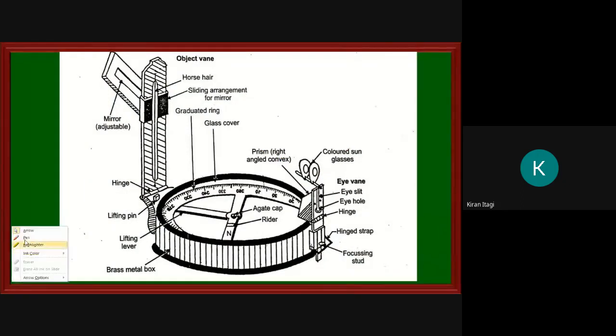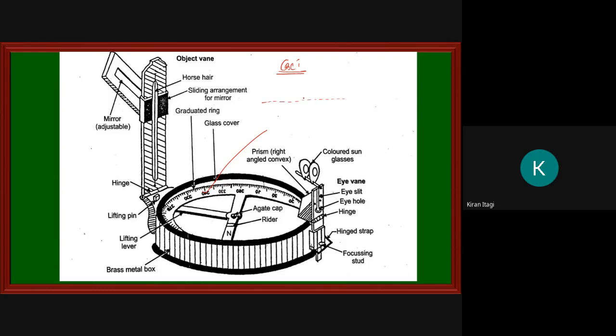Here we can see this compass, the graduation scale. If I draw two cases: case number one, when your instrument is not perfectly leveled or bubbled. I will draw some dotted line.